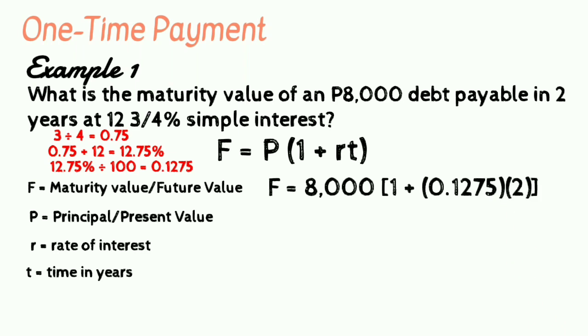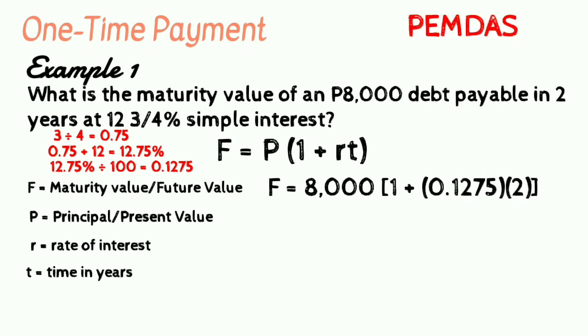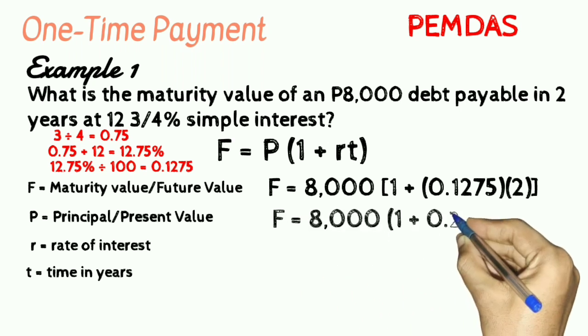Do not forget to use the PEMDAS: parentheses, exponent, multiplication, division, addition, and subtraction. So meaning to say, ang uunahin natin is yung nasa loob ng parentheses. Let's first multiply 0.1275 by 2. 0.1275 times 2 is 0.255. After that, i-add natin yung 0.255 sa 1.